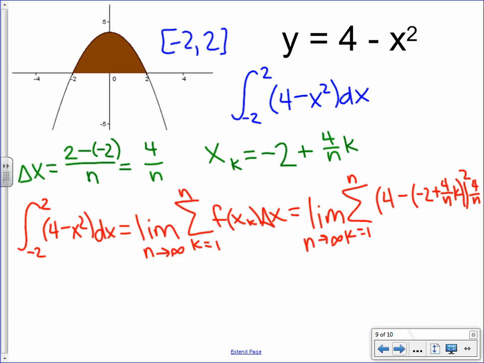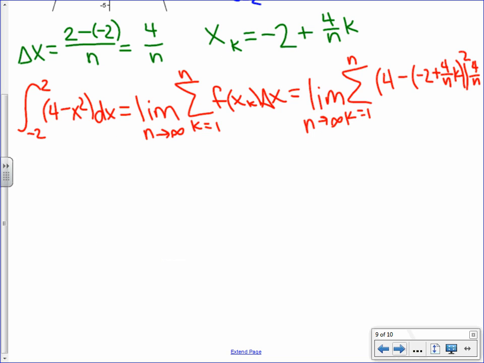This should be fun. Okay, so let's do this. We have 4 minus, when we take negative 2 plus 4 over n times k, the quantity squared, what do we get?